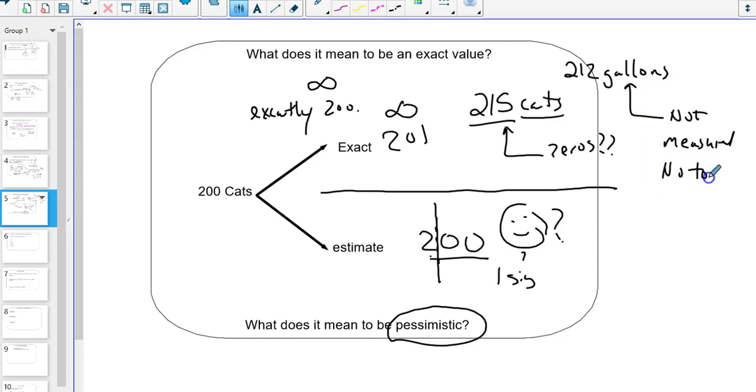No tool required. Now if it says 212 gallon jugs, well, then I know that this is an actual item, and I can have 212 of them. Okay, so make sure it's not an estimate, and that it's a whole number item, and that whole number can be actually counted individually, and not using a tool.